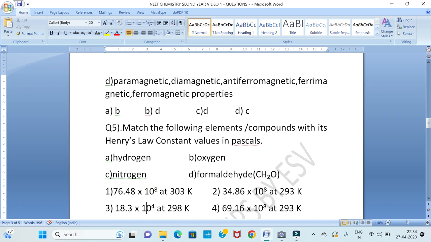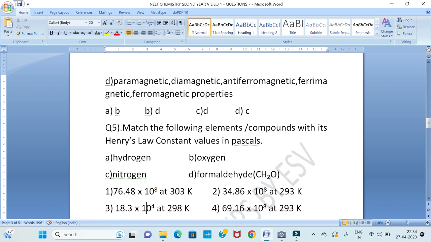In your textbooks, they have given Henry's law constants for some selected gases in water, at some temperatures, in kilobars.